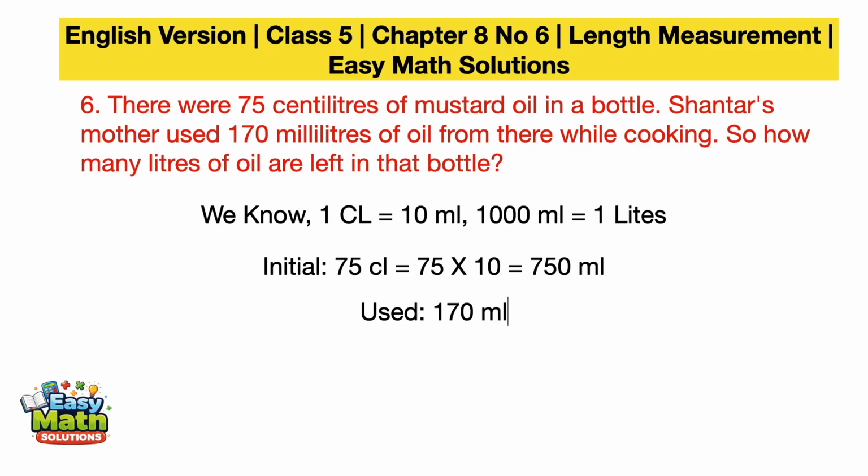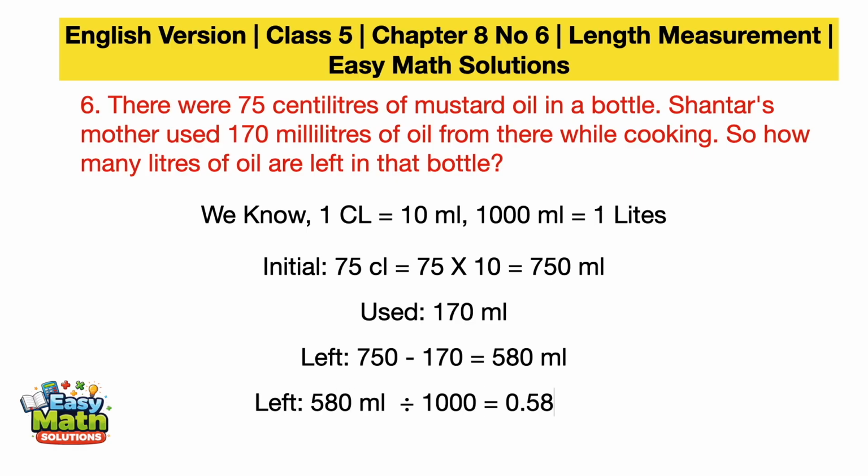Used 170 milliliter. Then left 750 minus 170 equals 580 milliliter. Left 580 divided by 1000 equals 0.58 liter. Answer: 0.58 liter.